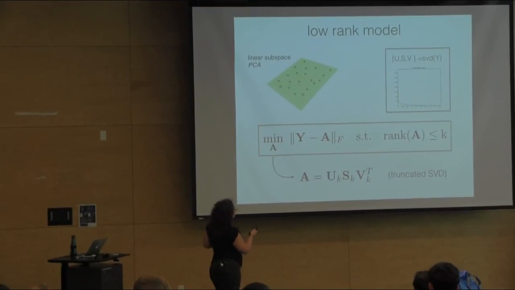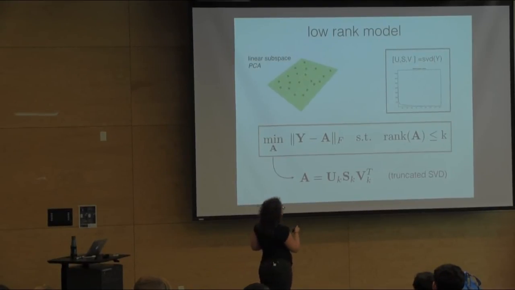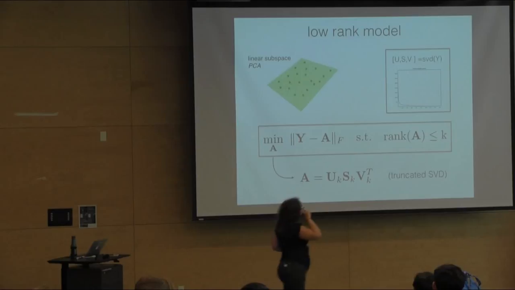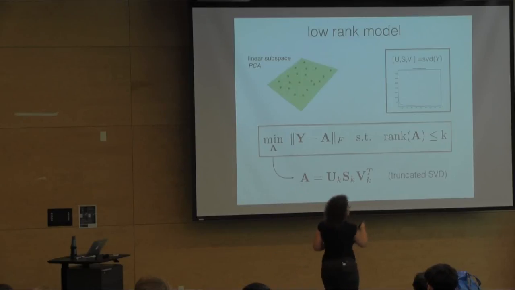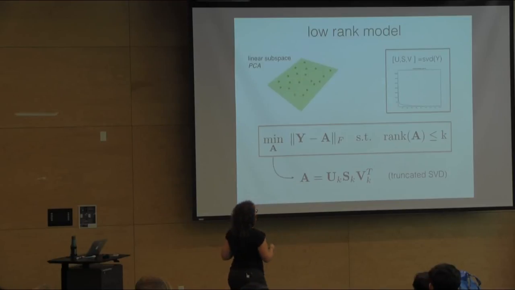To demonstrate the idea of using the singular value decomposition, this is MATLAB notation, but if we take the SVD of our matrix and plot the diagonal entries in this S matrix, we see our singular values. If they decay quickly, this tells us something about how low dimensional our data actually is.